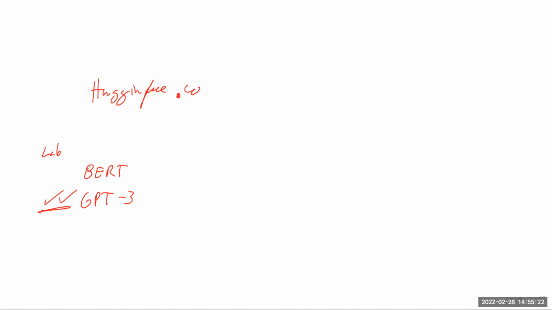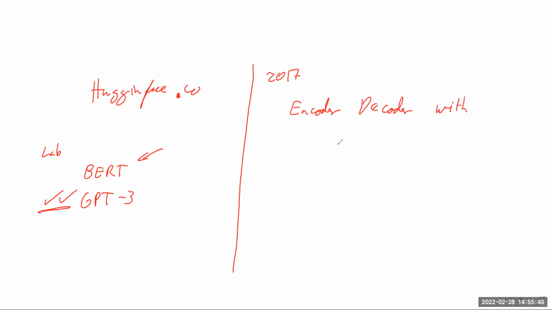Okay, and I think you'll see that BERT and BERT variants are the most popular ones. However, the very first implementation, the 2017 implementation of transformers, is actually called the encoder decoder with multi-head attention.